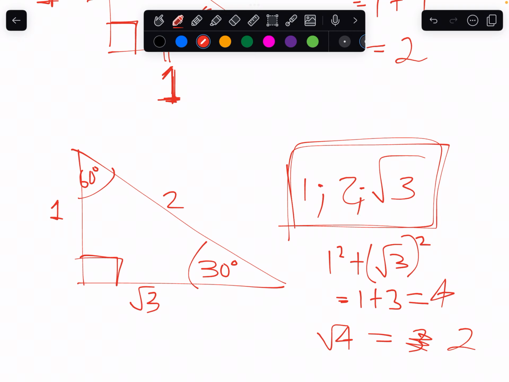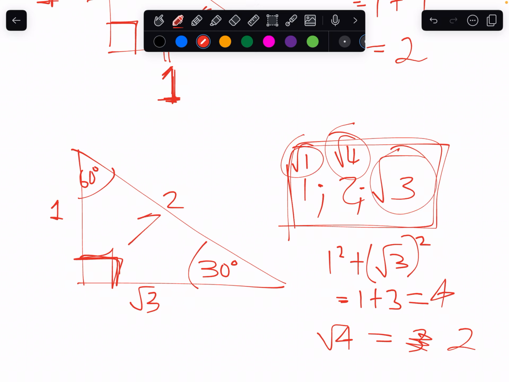Then from there, we can just use our knowledge that the smallest side is opposite the smallest angle, the medium side is opposite the medium angle, and the largest side is opposite the largest angle. So obviously our largest angle is 90, and which number is the biggest between these 3? Well, it's 2. 2 is the square root of 4, 1 is the square root of 1. So this is the biggest, this is the second biggest, and this is the smallest.